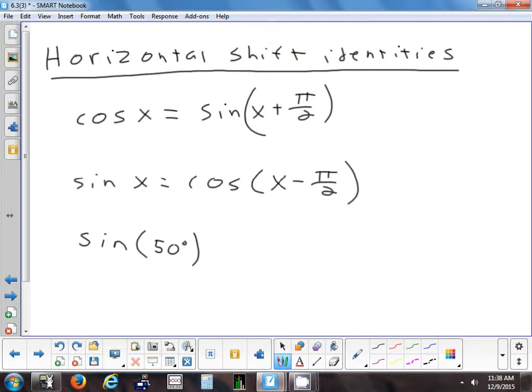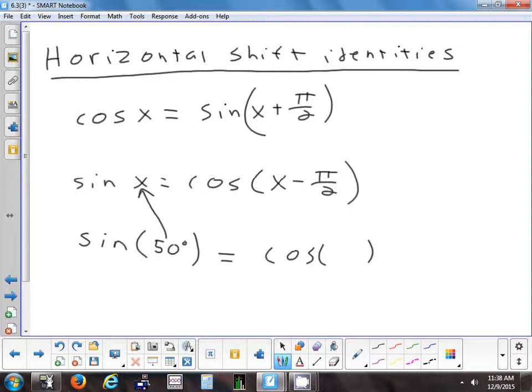If we wanted, we could rewrite that as a cosine. What would that be the same as? As a cosine, 50 degrees minus pi over 2. Just pretend like you're plugging 50 in right there.